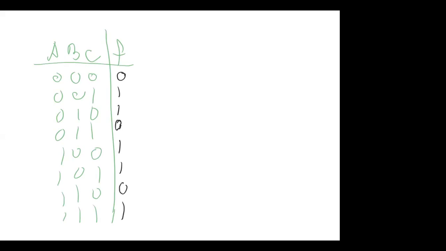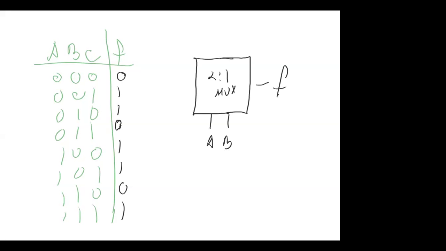There. I don't know what I'm doing, but I'm not going to let that stop me. And what we'll do is we'll say, given the following truth table, find the schematic for the 2-to-1 multiplexer A and B that implements the truth table F.